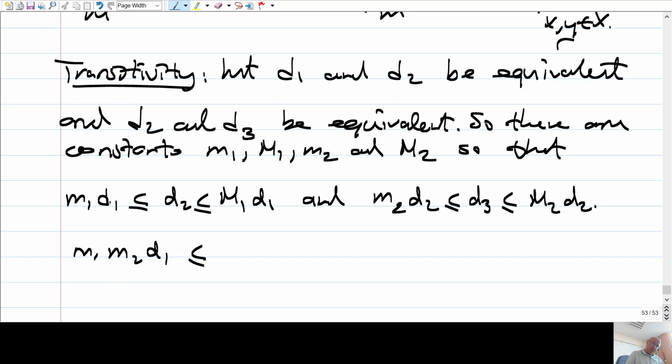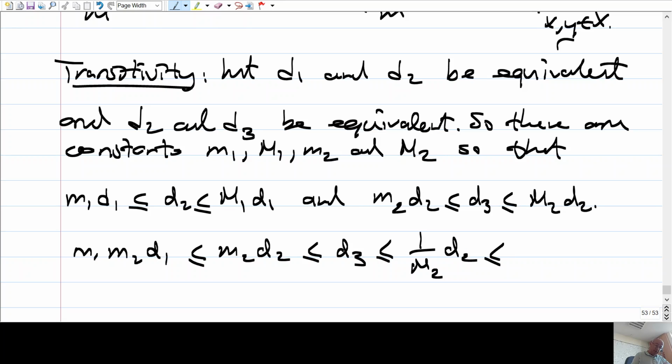I multiply this one by m2, we get m2 times d2, but m2 times d2 is less than d3, and d3 is less than, you see, d3 is less than 1 over m2 times d2, but d2 is less than big M1 d1, so we get M1 over m2 d1.